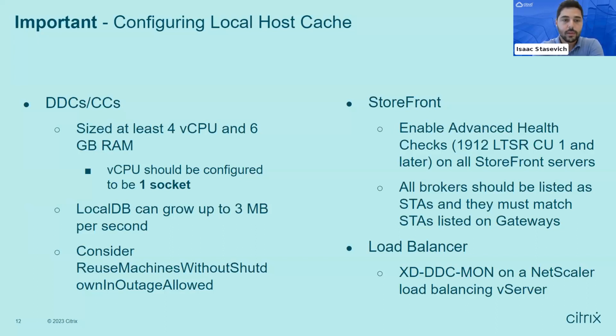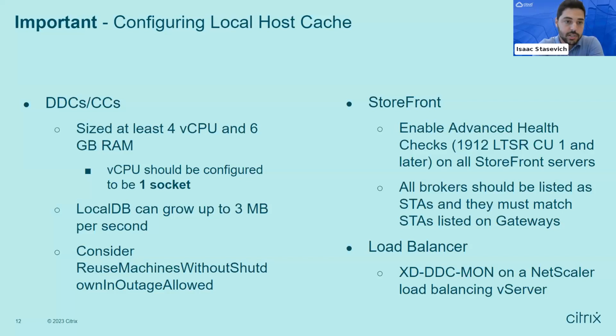And vCPUs should be configured to come from a single socket. This is really important because when localhost cache kicks in, that localhost cache database is constrained to using CPUs from a single socket. So if you have 4 vCPUs across 4 sockets, when localhost cache kicks in, you are really only using 1 vCPU. So that single socket is something that's missed quite often, but extremely important for the performance of the environment during localhost cache.